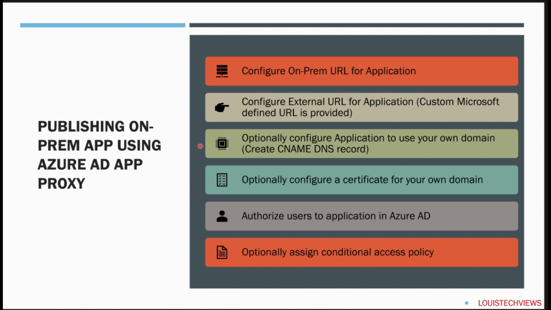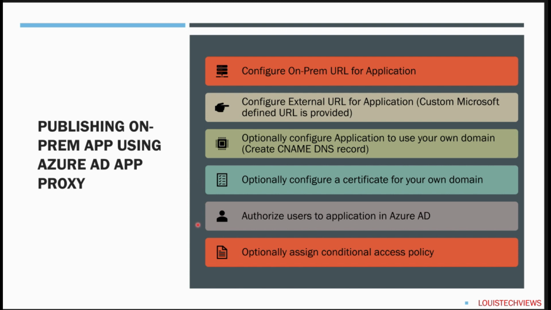So instead of connecting to something like xyzapp.msappproxy.net for your application, you may connect to xyz.mycompany.com. And then also optionally, you can configure a certificate for your own domain, just so you don't get the nasty 'this site is not trusted' message in the browser if the URL name and the certificate name don't match.